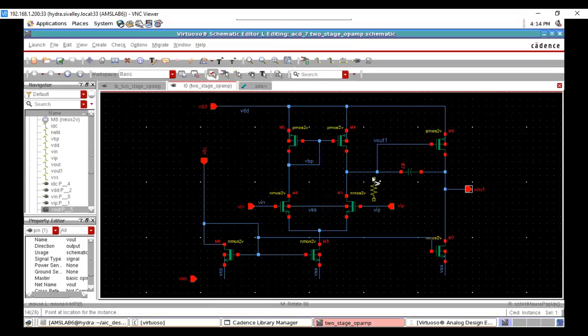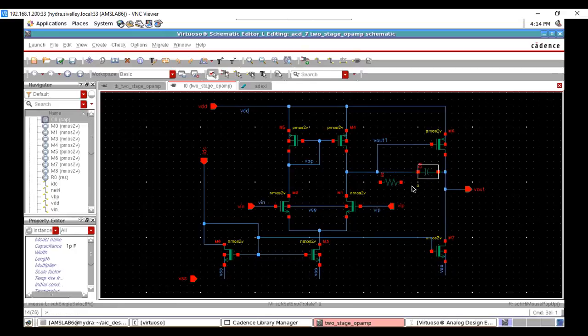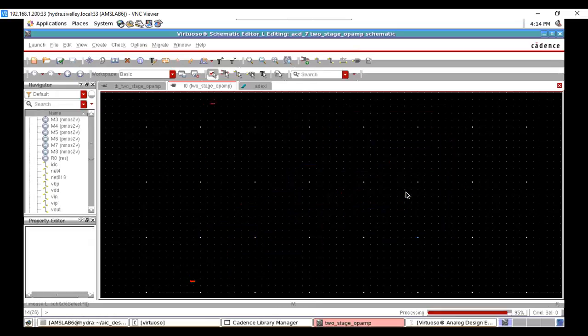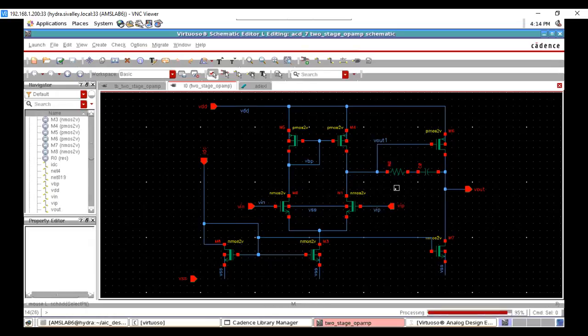Okay, so this is where we have to place that resistor. Let me take it here. Okay, now we are done with this.